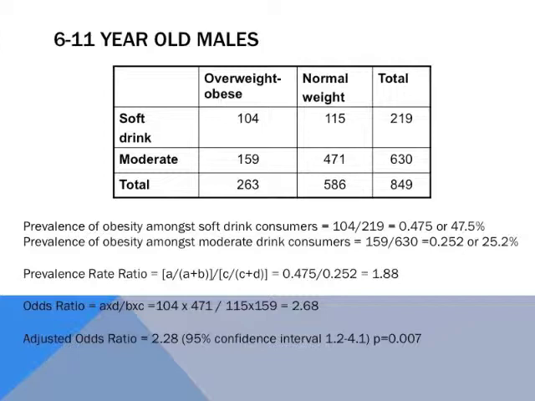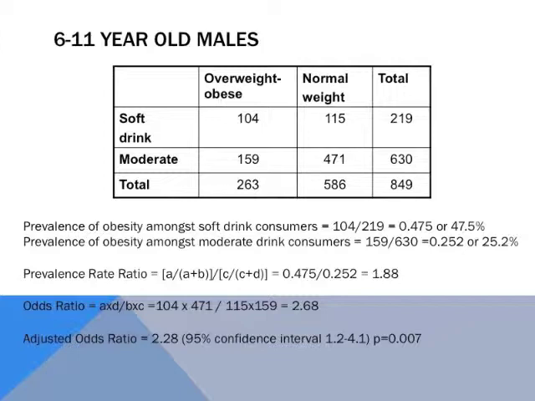So this indicates that the prevalence of overweight obesity is almost twice as high amongst soft drink consumers compared to moderate consumers, with a prevalence rate ratio of 1.88. Using the 2x2 table, we can also calculate a crude odds ratio of 2.68.